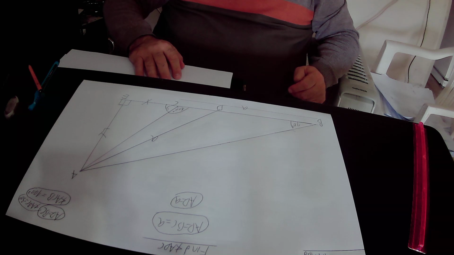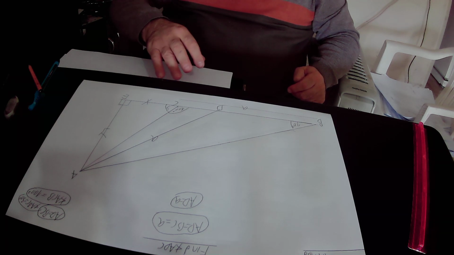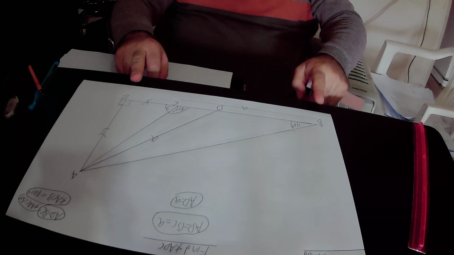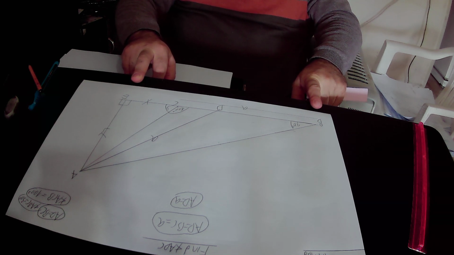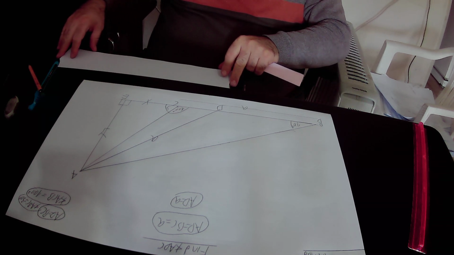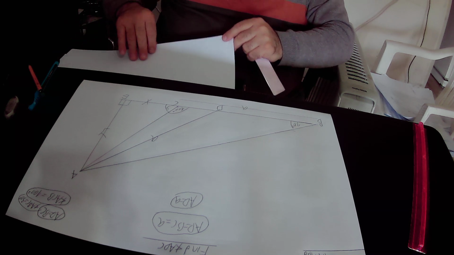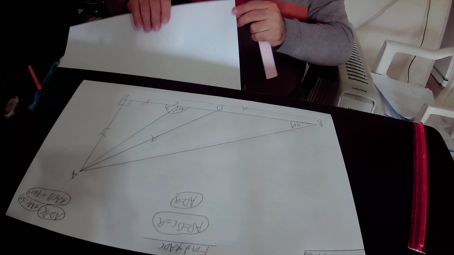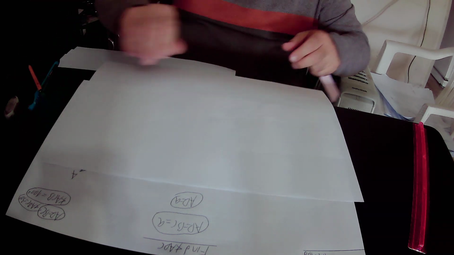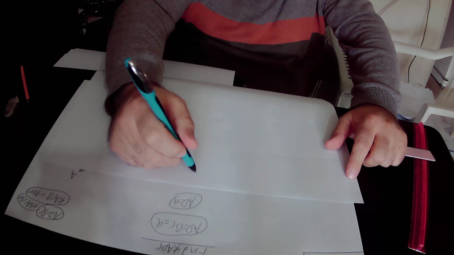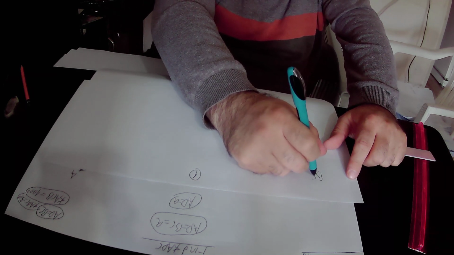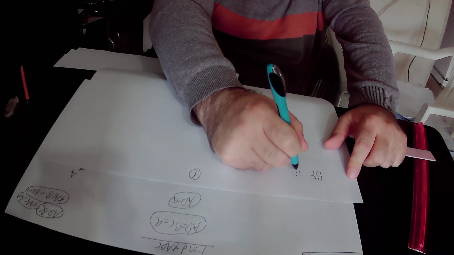After we extended BC by a straight line, we got line segment BE, which is still a straight line. So we can write down that BE is a straight line.